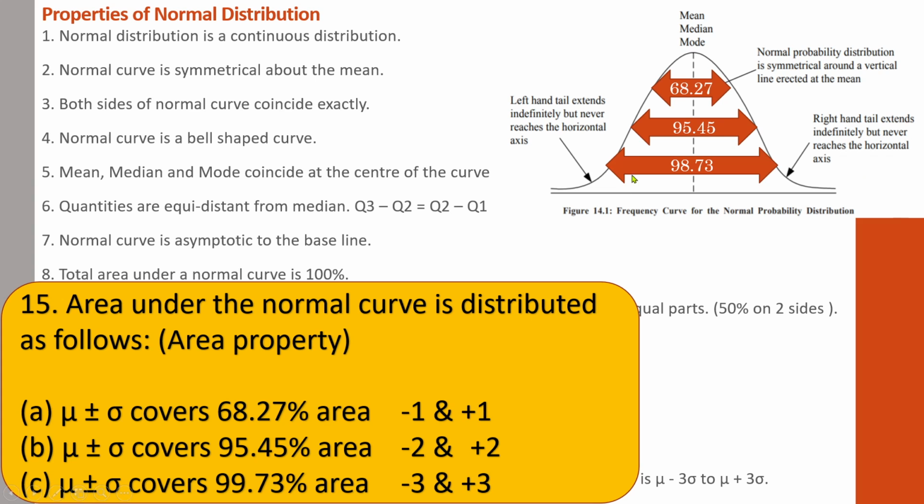The scale will be 0, 1, 2, 3, likewise 1, 2, 3 on the other side. This side is plus, this side is minus, that is why minus and plus. So if your value is in between these, then about 99.73% of the normal curve is covered under these particular values.